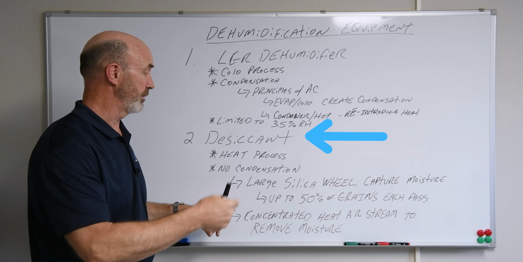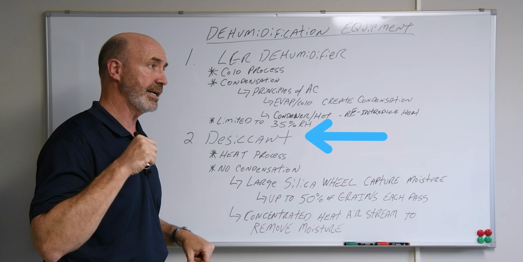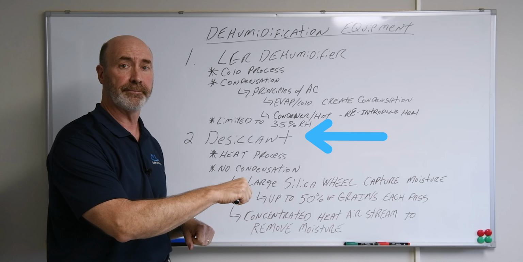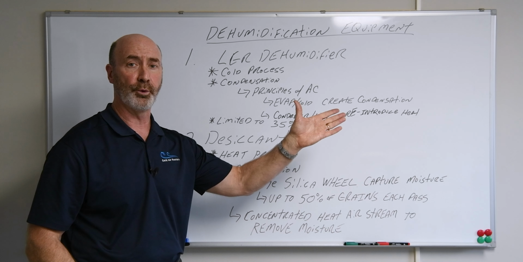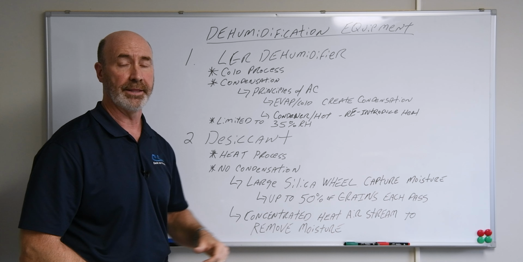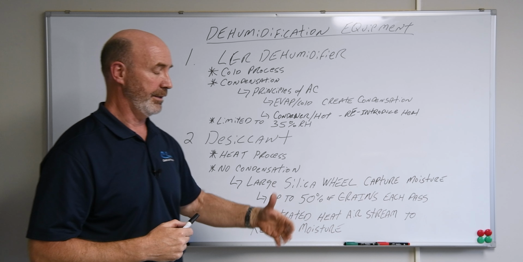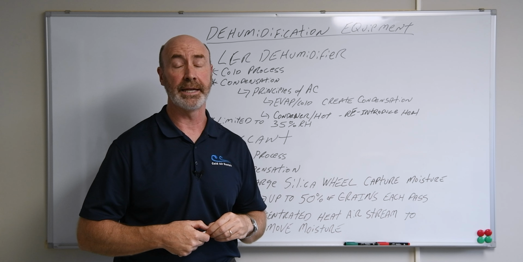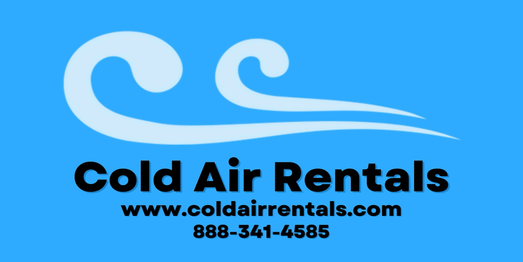As the wheel continues around, the unit introduces a concentrated heat stream that passes through the silica wheel and removes the moisture. Then we just direct the hot, moist air out of the building. And again, there's no condensation. Because of this process, relative humidity can approach 0%.